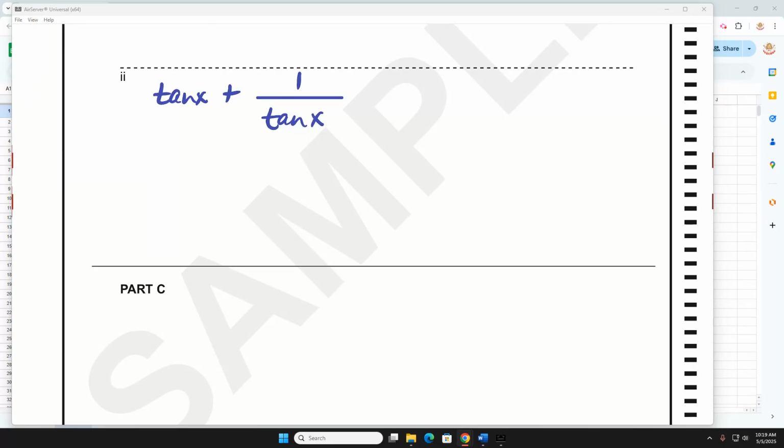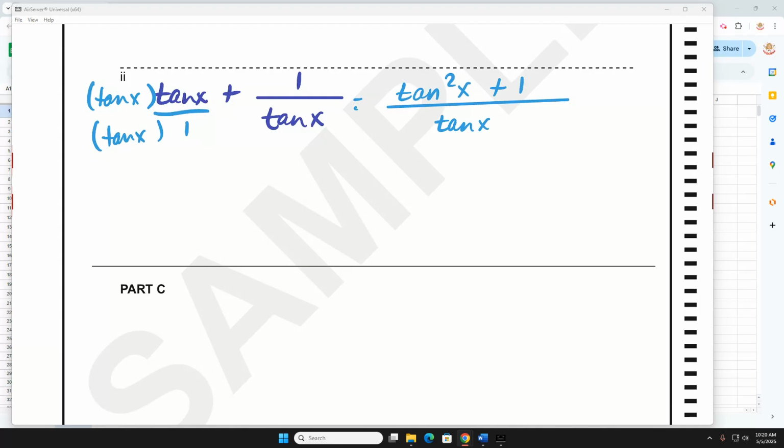So if I'm going to add these together, I need a common denominator, and it is going to be tangent of x. And then once I have a common denominator, I can make one fraction with the common denominator as the denominator. And the numerator, I'll just do all the things. So I'll multiply tangent of x by itself, and then add 1.